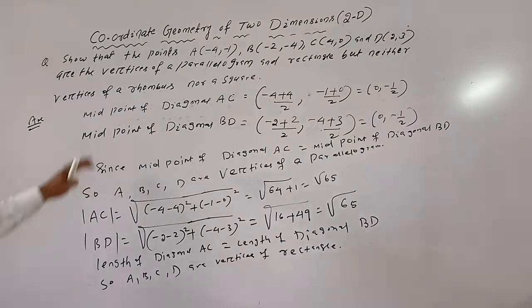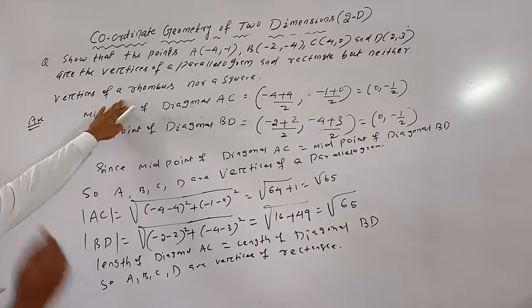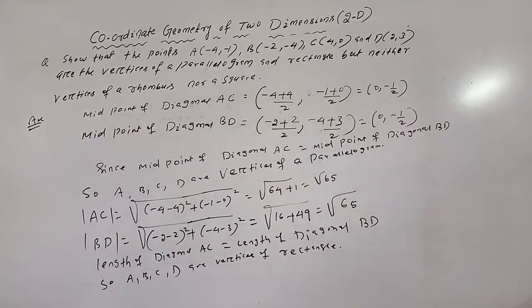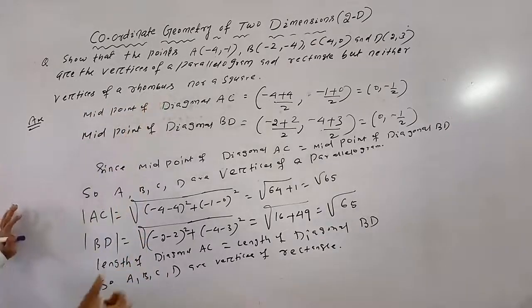So for a rhombus, all side lengths are equal, and in a rhombus the diagonals are perpendicular bisectors of each other.